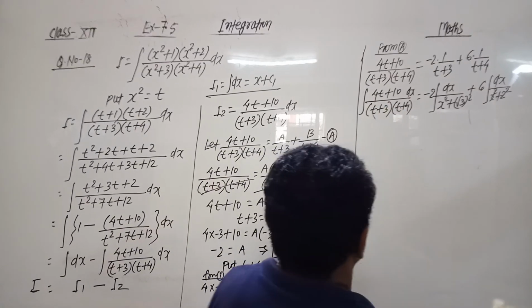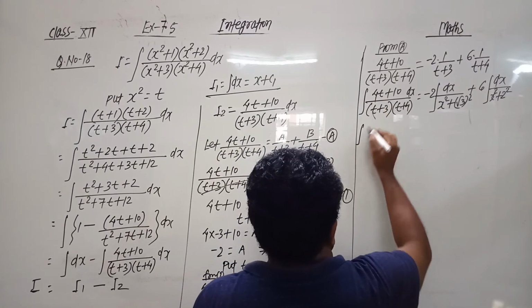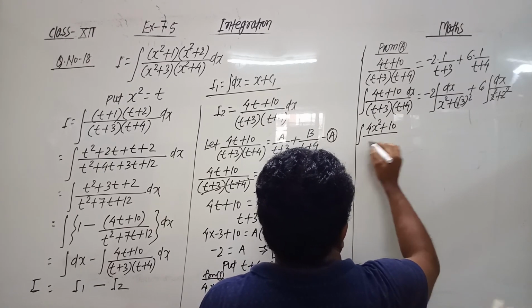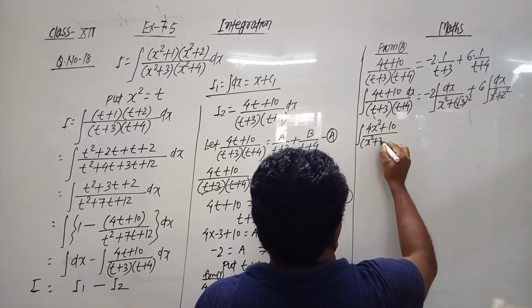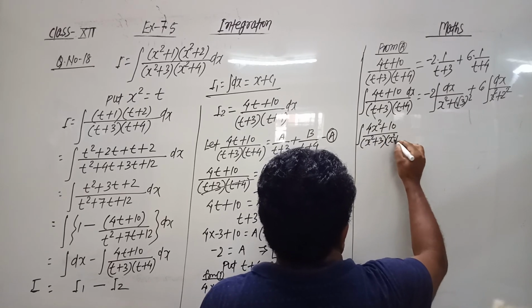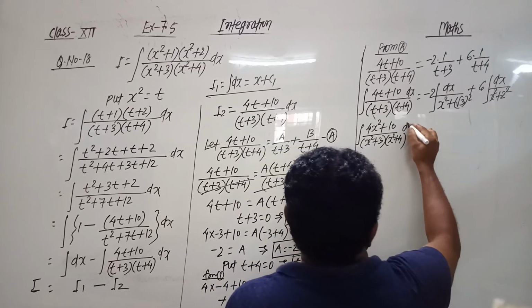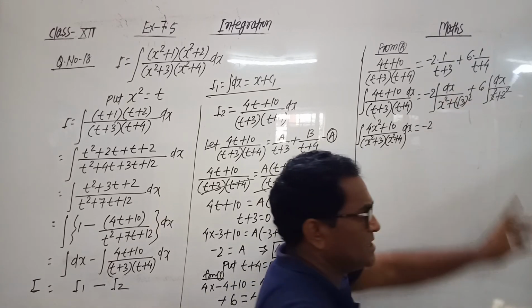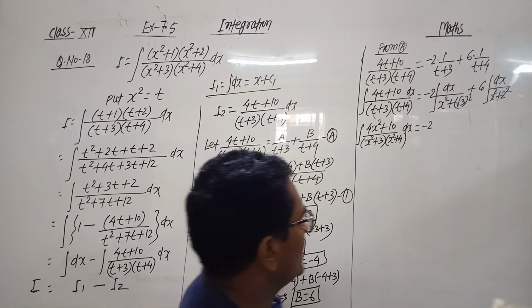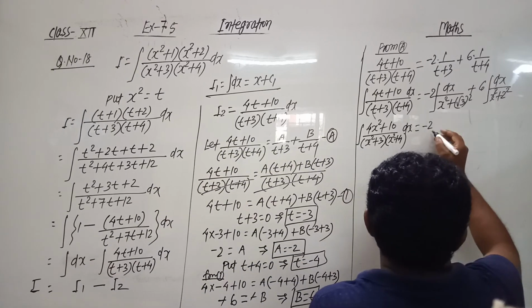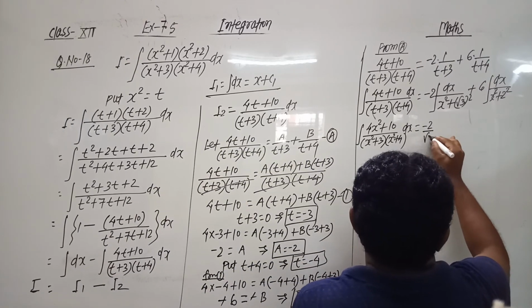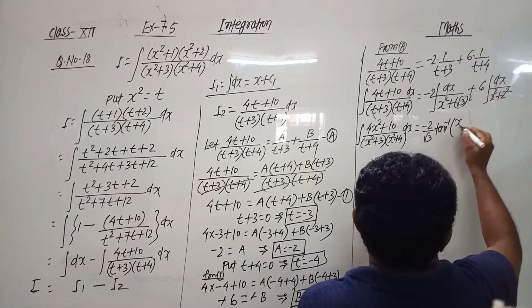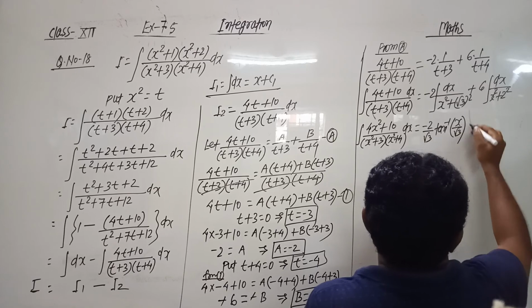Here also we put the value of t. So integration of 4x square plus 10 upon x square plus 3 and x square plus 4, dx equals minus 2. This is the formula: integration of dx upon x square plus a square is 1 upon a tan inverse x by a. So 1 upon root 3 tan inverse x by root 3, plus 6.